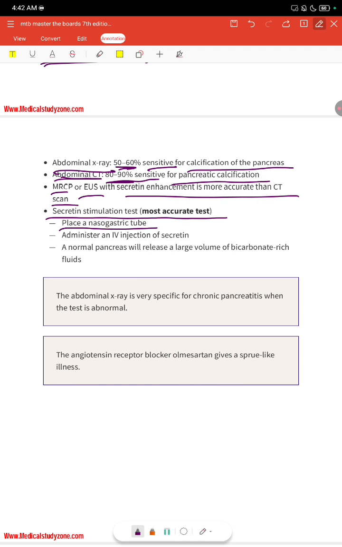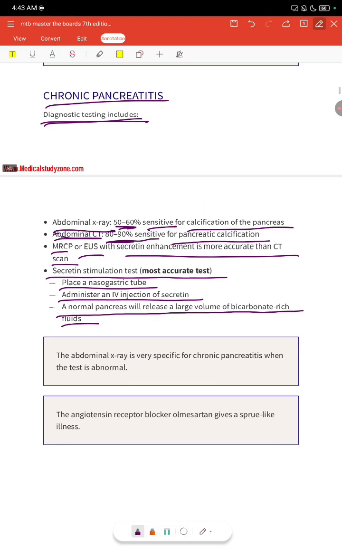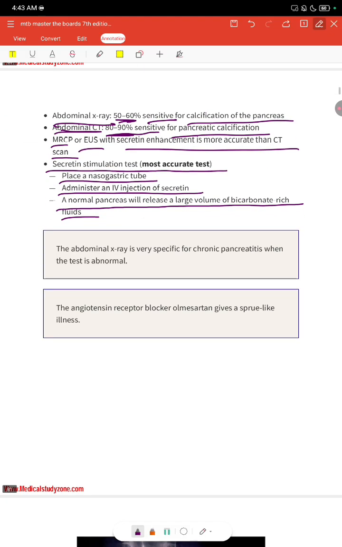Place an NG tube, administer an IV injection of secretin. A normal pancreas will release a large volume of bicarbonate-rich fluids. The abdominal X-ray is very specific for chronic pancreatitis when the test is abnormal, but it has a low sensitivity.